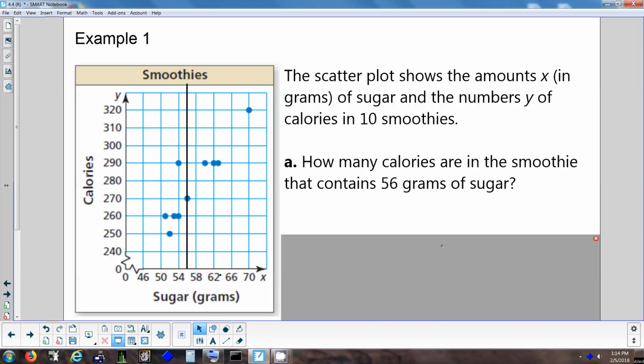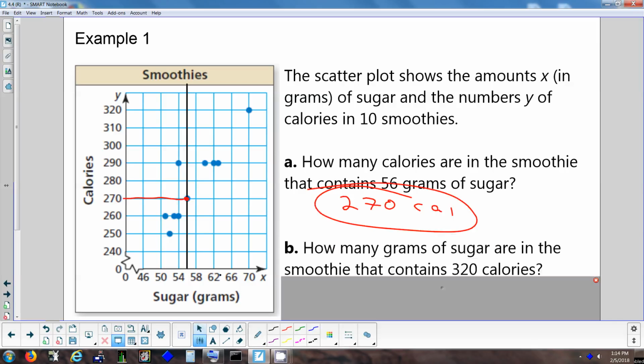So you put a line where you see where 56 is. Look at that dot. Then trace over to the left, 270 calories. So how many calories are in a smoothie that has 56 grams of sugar? About 270.